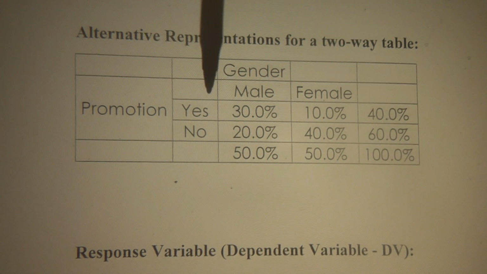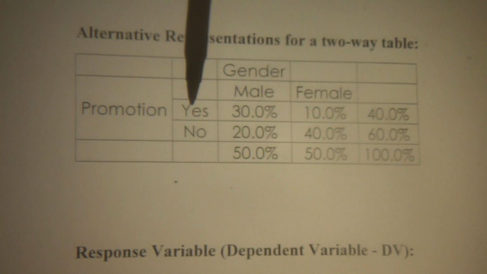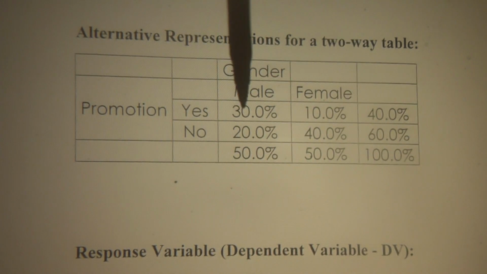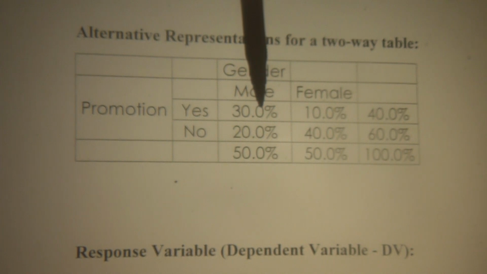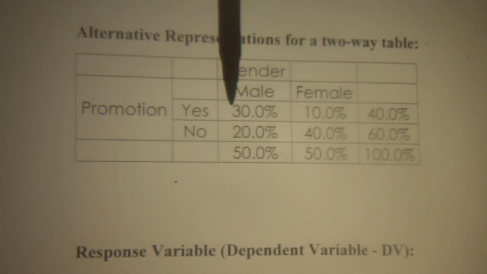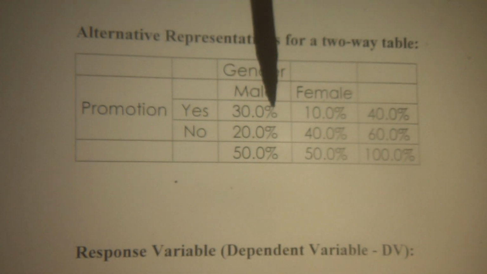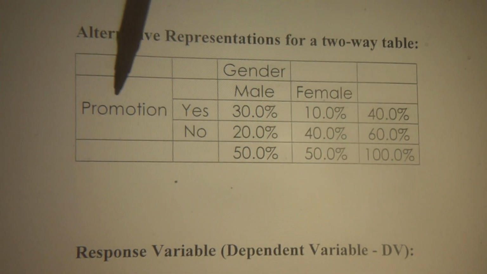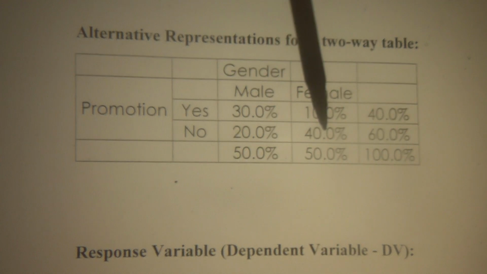For example, we have 300 male workers who got promoted in the last 3 years. 300 divided by the total number of workers in the company, 1,000, is 30%. So another way to represent the joint distribution of a two-way table is to use percentages.